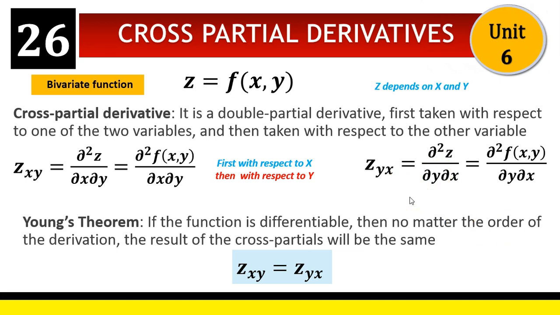In addition, in cross partial derivatives, there is an important property known as Young's theorem, in which if the function is differentiable, then no matter the order of the derivation, the result of the cross partials zxy and zyx will be the same.